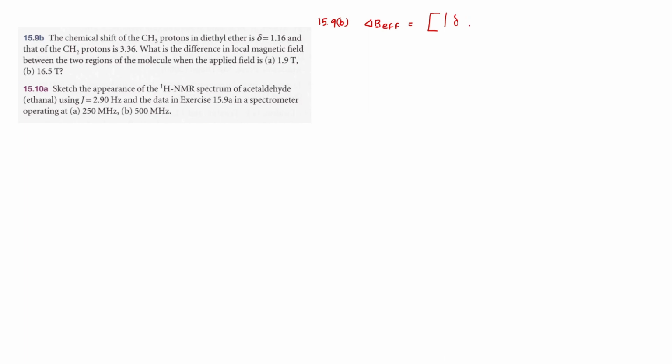So for that you will need CH3 minus CH2 into 10 to the power minus 6 into your Bz, whatever you are using, effective B0 you can also write. So here it is 1.16 minus 3.36, modulus of that.